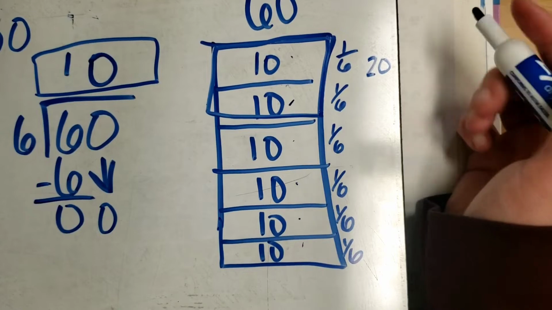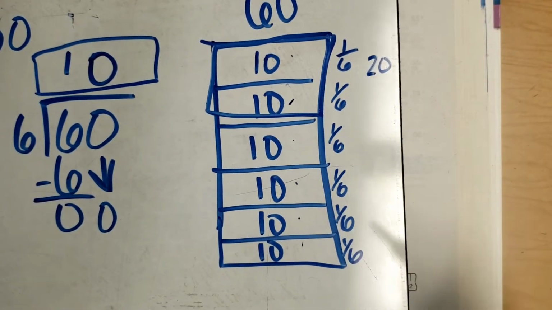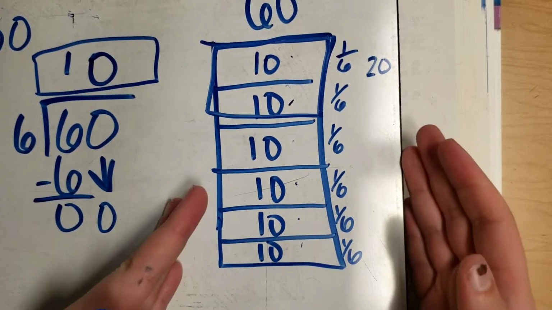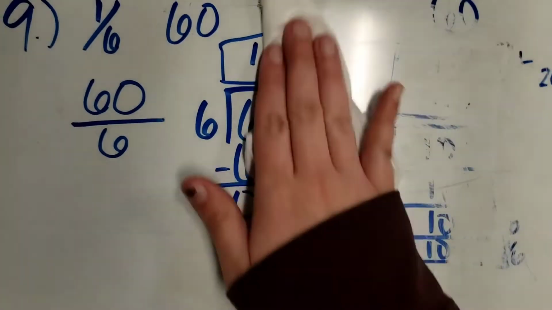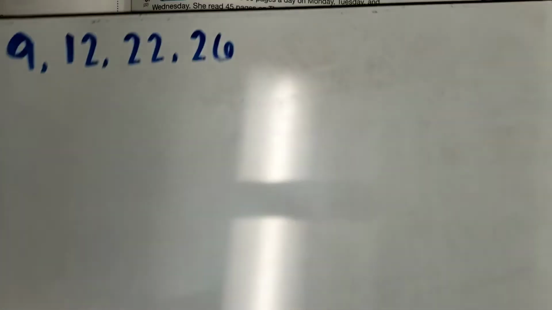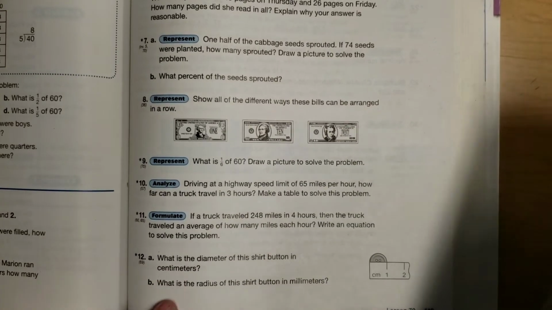So 2/6 would be 20. That is why it's important. That is why we draw pictures, so we can easily see what we're doing instead of just the numbers. Pictures are very helpful.